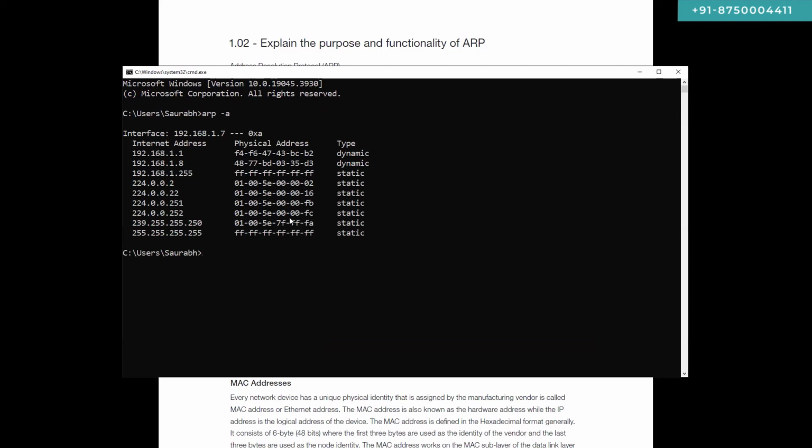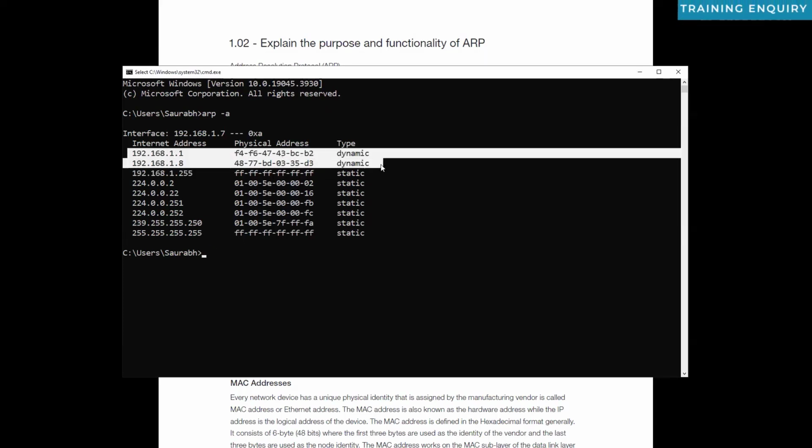So type dynamic will indicate that I have learned that MAC address dynamically using ARP, right? So ARP is even running on your laptops, cell phones, and desktops. In a nutshell, if your device has an Ethernet interface and an IP address is allocated on that interface, then definitely it is going to have an ARP table, and ARP will get activated and work on the device.